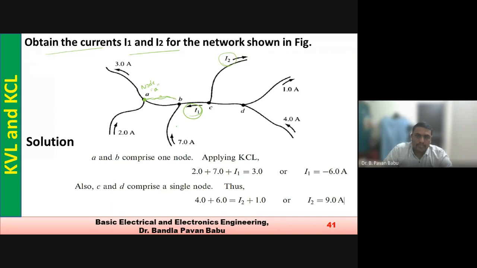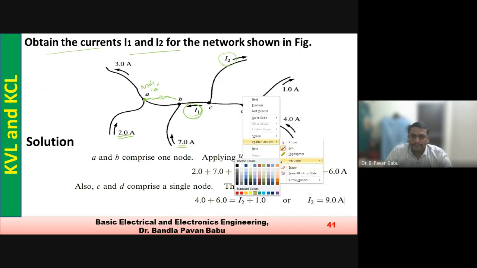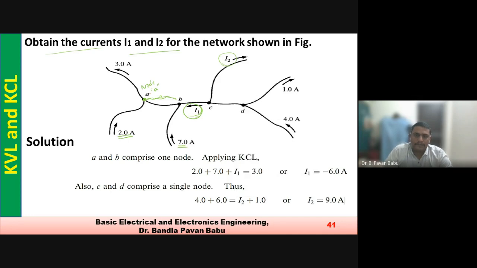Okay, so for these two, what are the incoming currents? This is an incoming current, and 7 amps is also an incoming current, and I1 is also an incoming current.